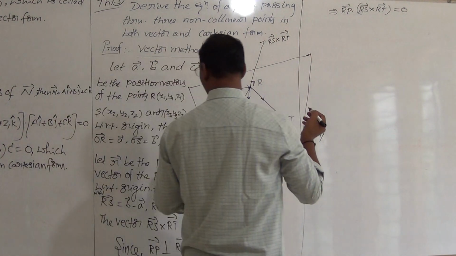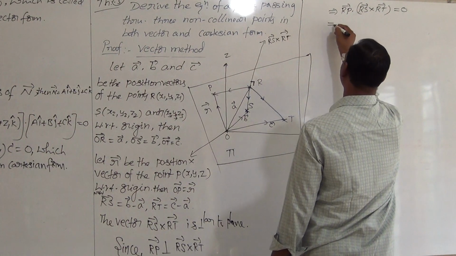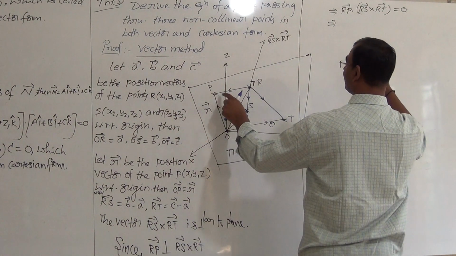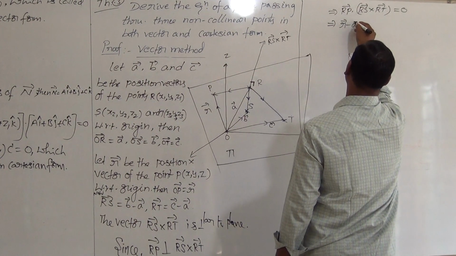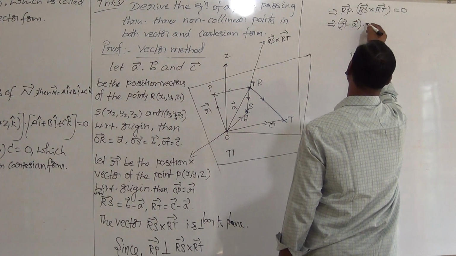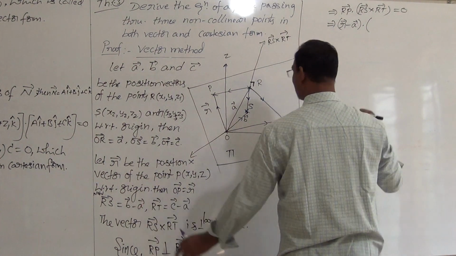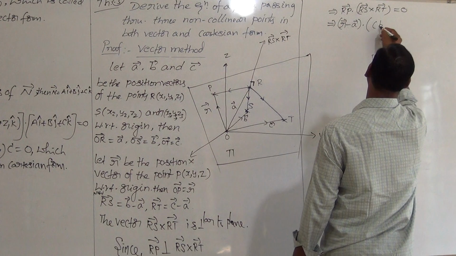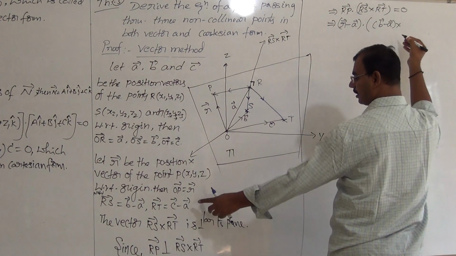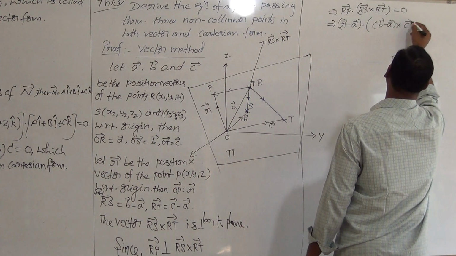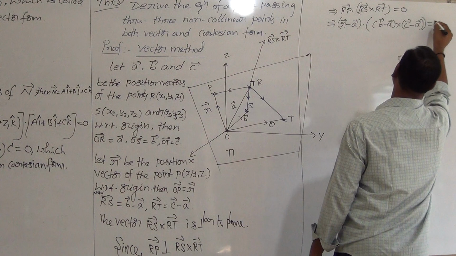Now simplify. What is the RP vector? From this, RP vector is equal to OP vector minus OR vector, that is R bar minus A bar, dot, what is the RS vector? RS vector is equal to B bar minus A bar cross RT vector C bar minus A bar is equal to 0.